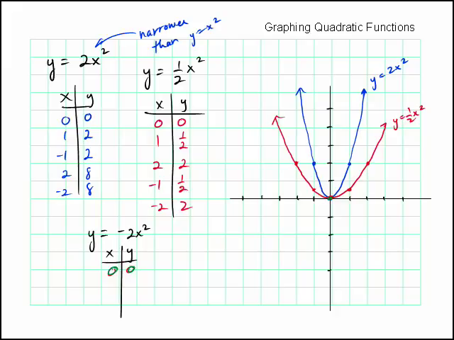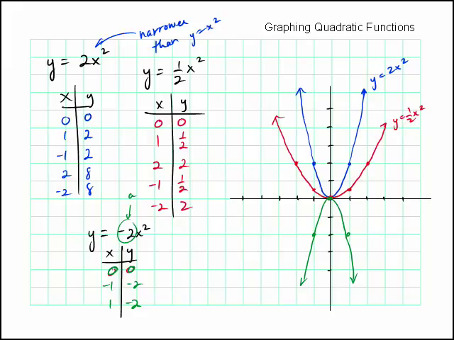It will also go through (-1, -2) and (1, -2). And so notice what happened when a, or the number in front of the x squared term, is negative, then the parabola opens downward instead of upward. So a not only determines the shape of the parabola, but it determines which way the parabola opens.